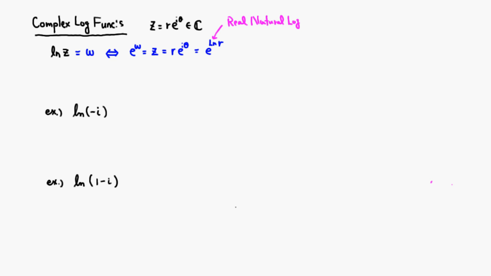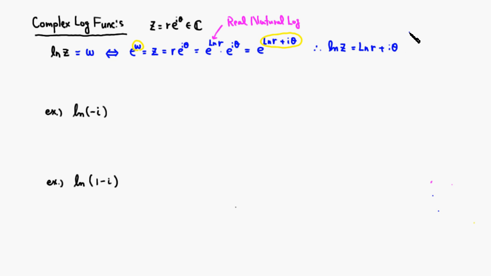Then that's the same thing as r. Then you have e to the i theta, which we can combine into a single exponential expression, e to the natural log of r plus i theta. So it's natural to say we're going to match this w to natural log of r plus i theta. Therefore we have w, the natural log of z, equal to natural log of r plus i theta.